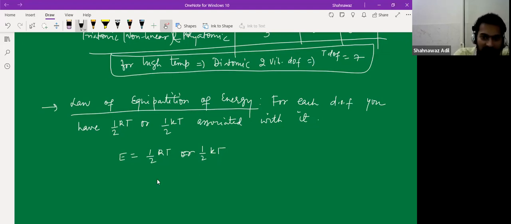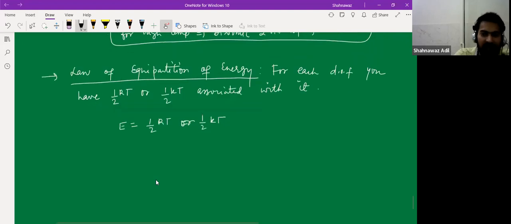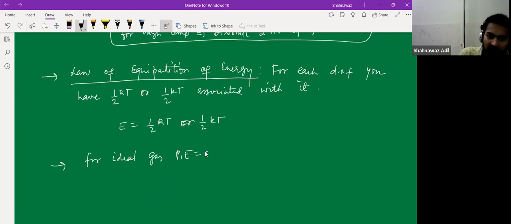So let's say for an ideal gas, which doesn't interact with the other atoms, the potential energy is 0. So PE is 0, and your E will be the kinetic energy.